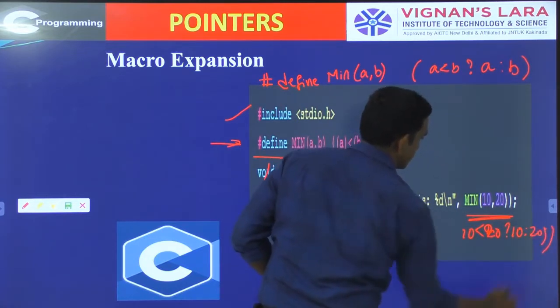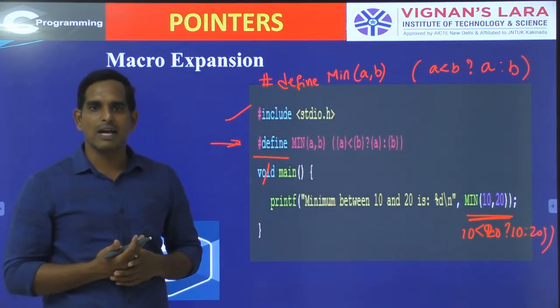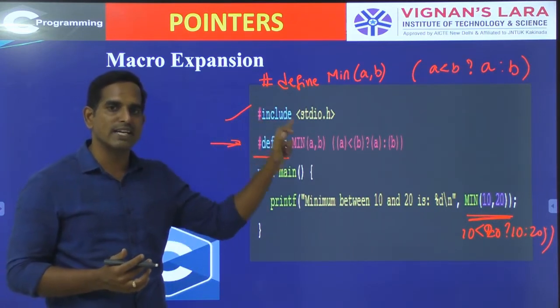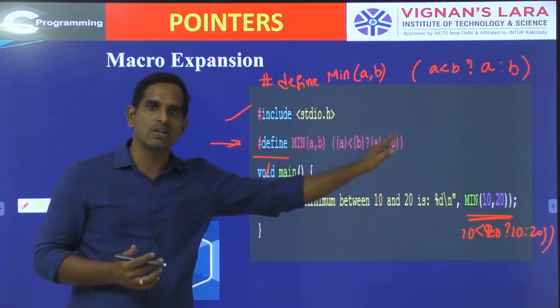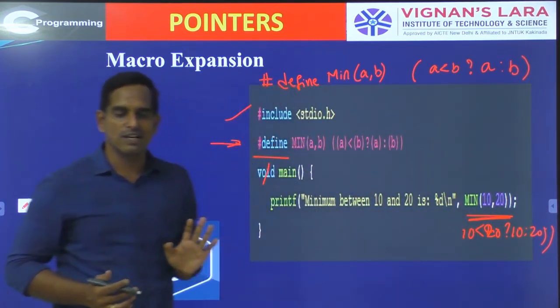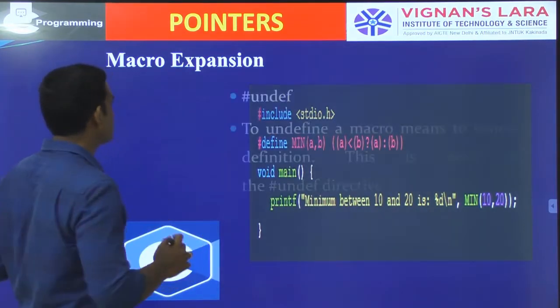This is how it will be replaced. This is what we call macro expansion. This is a function-like macro, where we write a function and the corresponding code. Wherever you use that macro, it will be replaced by the function code.